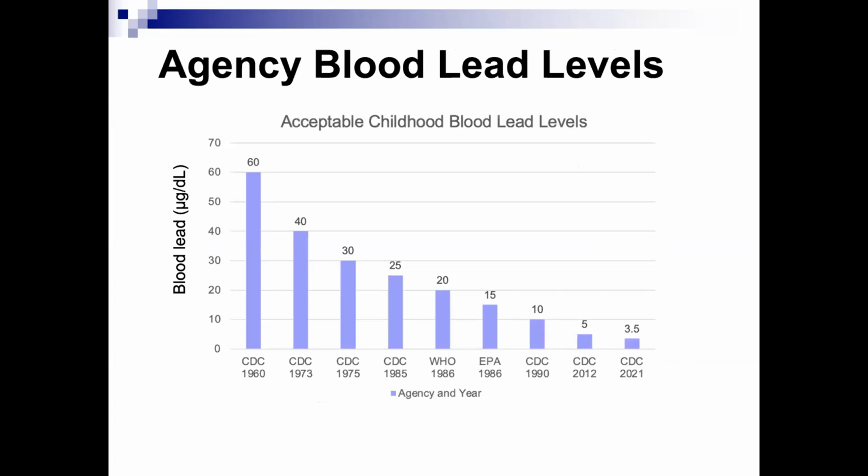So these are what were considered acceptable childhood blood lead levels, and these are by different agencies. The Centers for Disease Control and Prevention is typically the agency that we think of because they do fund a number of childhood lead poisoning prevention programs all across the country. But as you can see, they used to allow a level as high as 60. And I just told you that about 100 micrograms per deciliter could be a fatal dose to a small child.